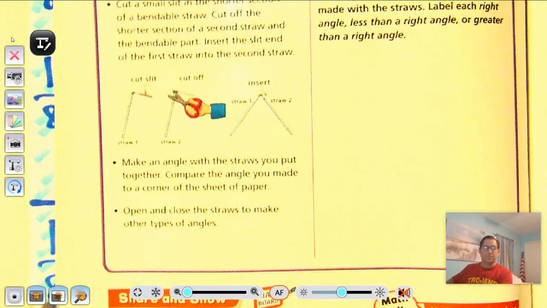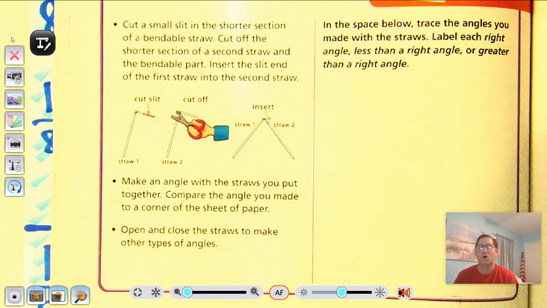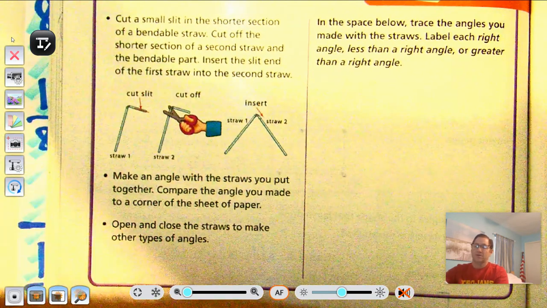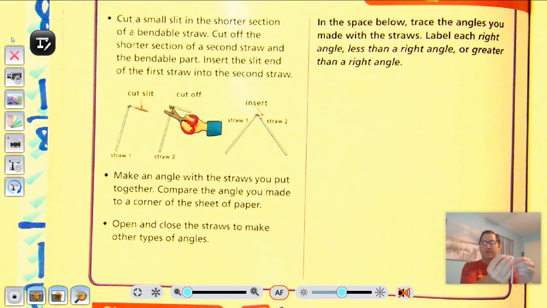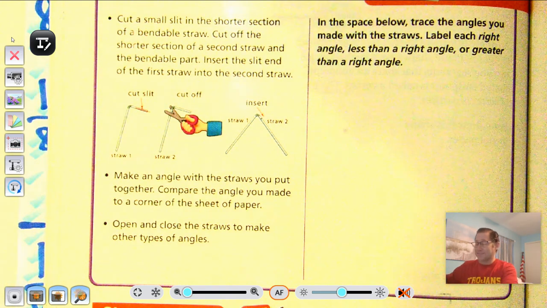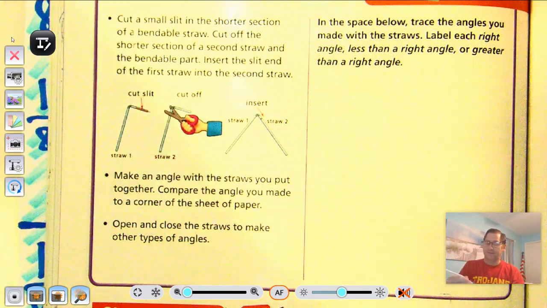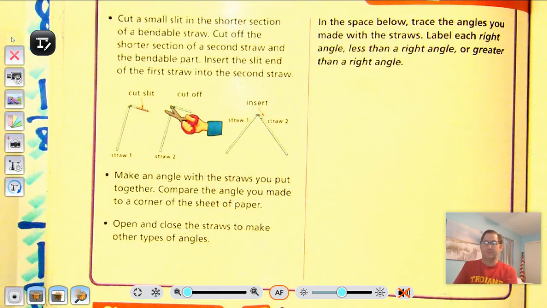All right, so now with a pair of scissors, cut a small slit in the shorter section of a bendable straw. So we've got this short section and we've got a longer section. So you're going to cut the shorter section, okay, a small slit. Put your pair of scissors in there and cut a small slit, okay?